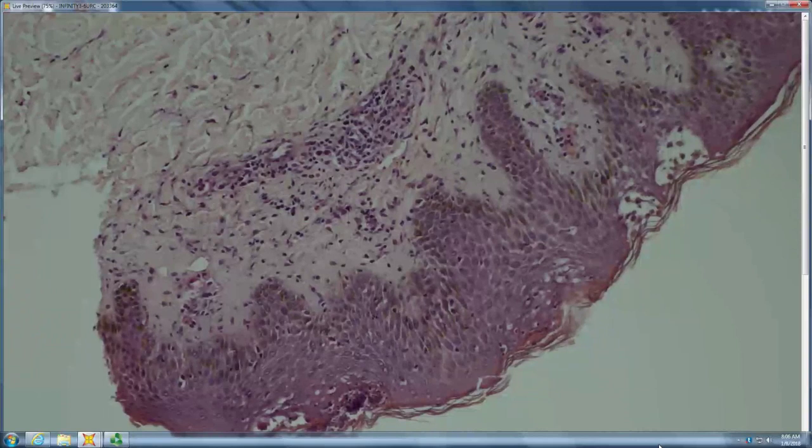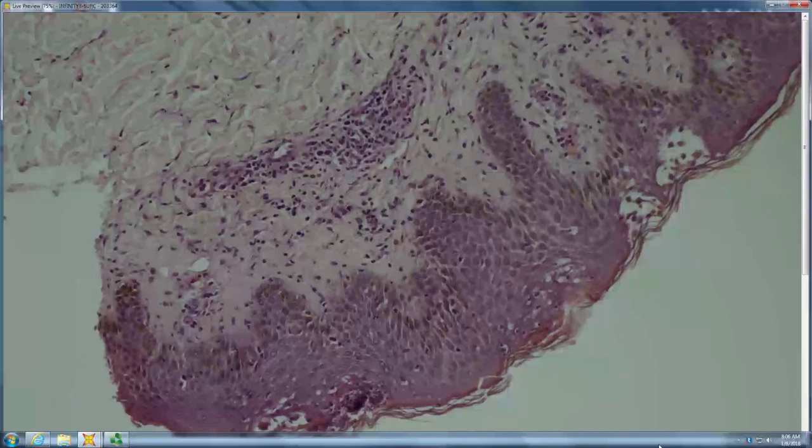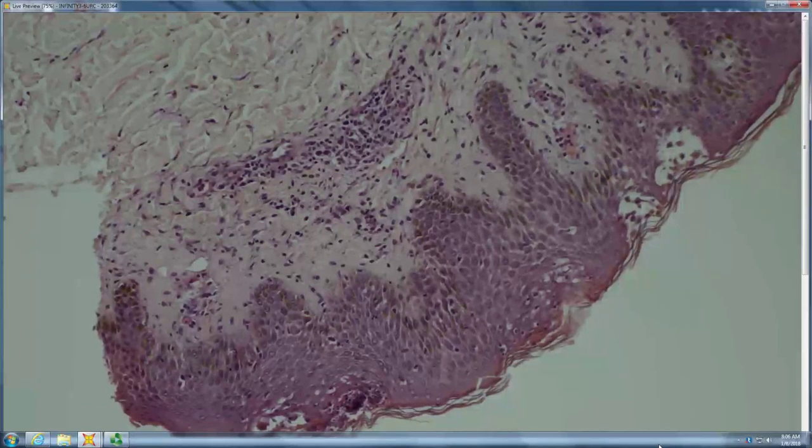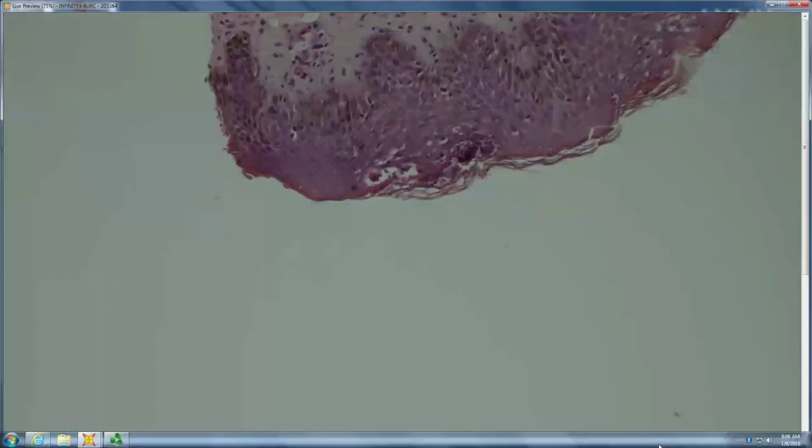So impetigo could just be impetiginized, giving rise to the neutrophils. Candida, seborrheic dermatitis, especially if it's parafollicular, and syphilis would definitely be in your differential.